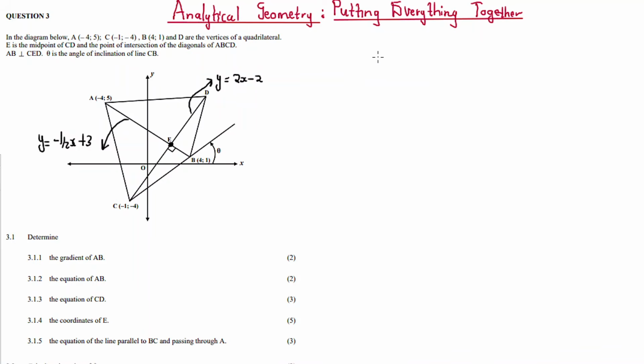So I'm going to say for 3.1.4, the first equation is going to be y equals 2x minus 2, equation number 1. Second equation is y equals minus 1 over 2 x plus 3, equation number 2.